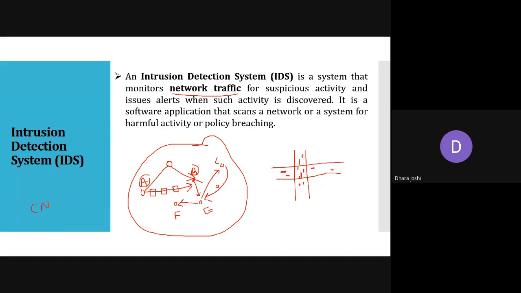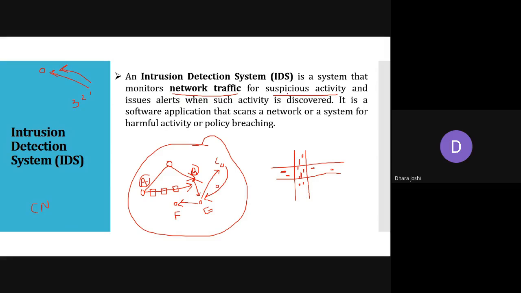So it will monitor the network traffic for suspicious activity. That means whatever is not normal, like the same data packet, the same size, or going from the same host to the same destination every time. It will create a load, just like it will bring your server down if the same request occurs multiple times. This is the system, and here are the users, like 1, 2, 3. If any one particular user is continuously giving the request, then the server will go down. That is possible.